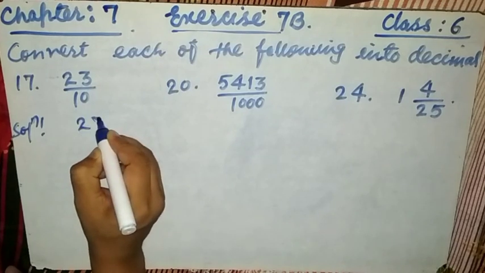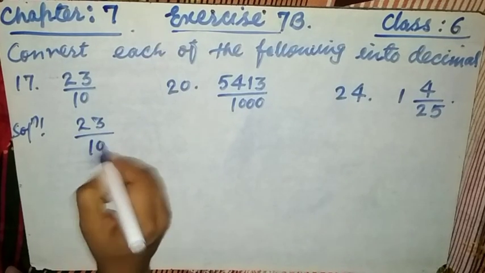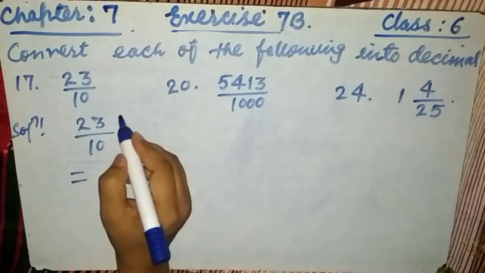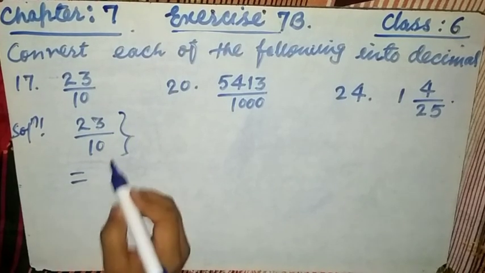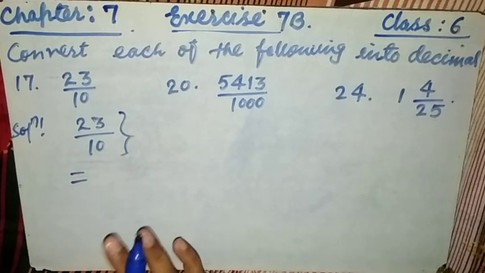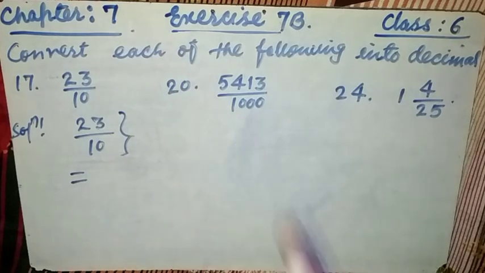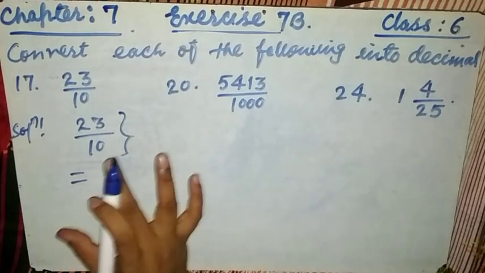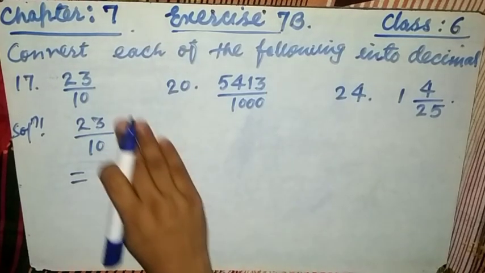First write the question: 23 divided by 10. Now friends, this type of question is very easy. Why? Because these are called decimal fractions. Fractions having denominators 10, 100, 1000 are called decimal fractions.